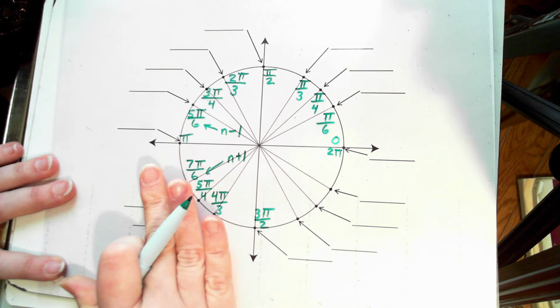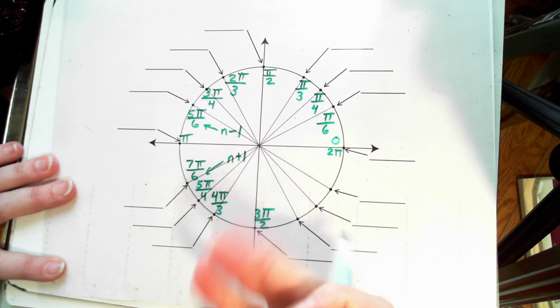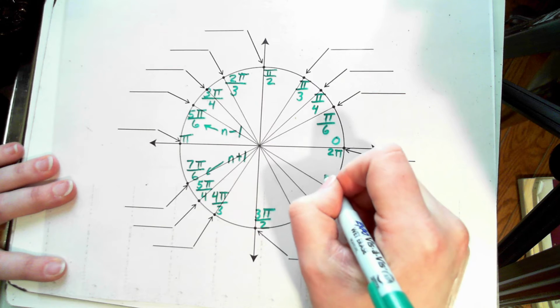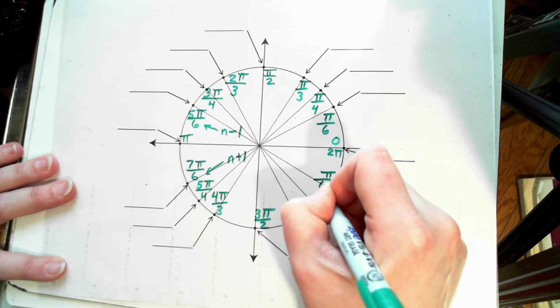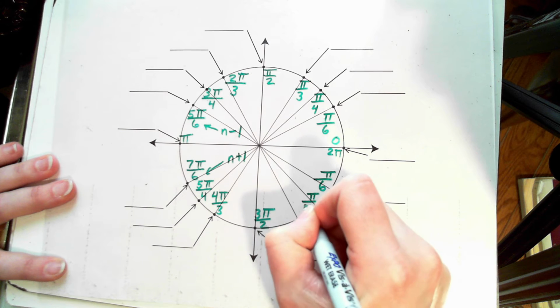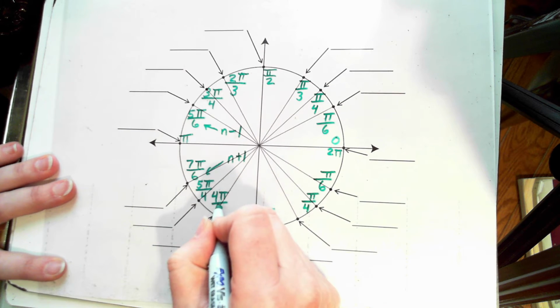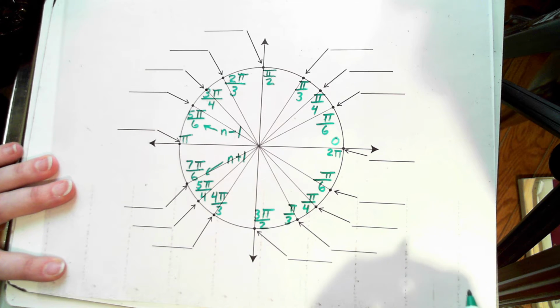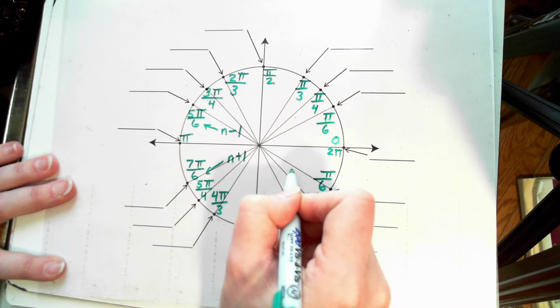Okay, now I'm going to mirror this across. So pi over 6 is this top point here. Pi over 4 is the next one. And pi over 3 is the next one. Okay, now to get the top numbers, you're going to take the bottom number.